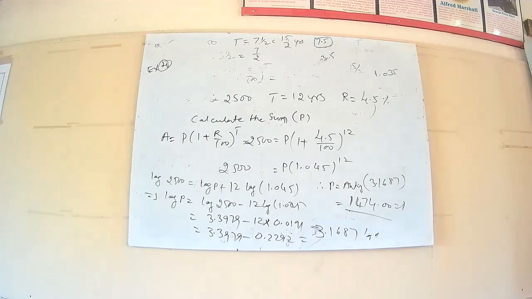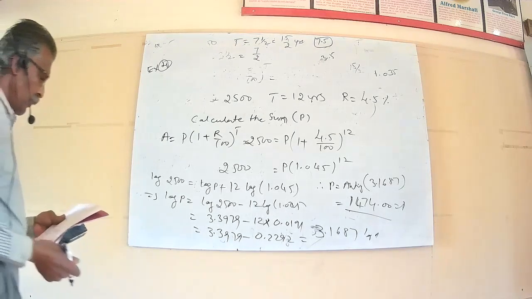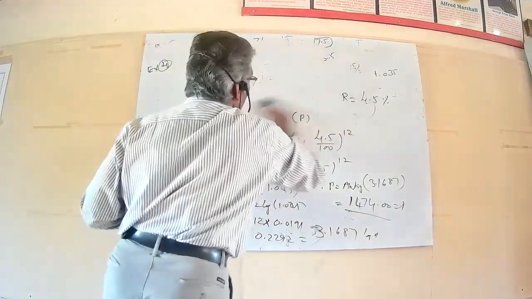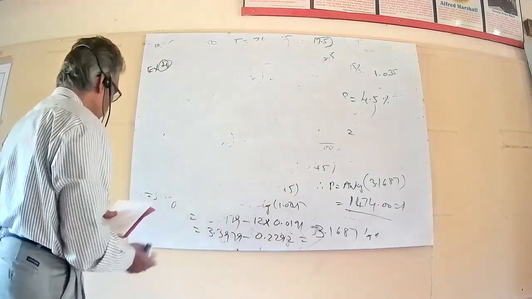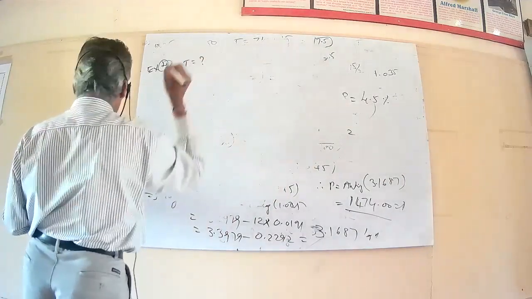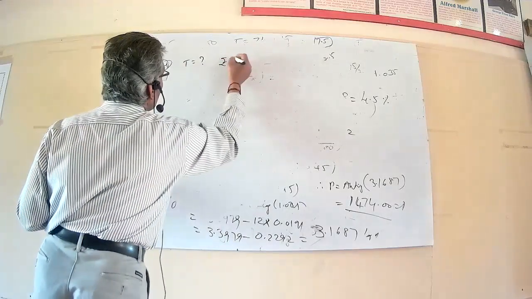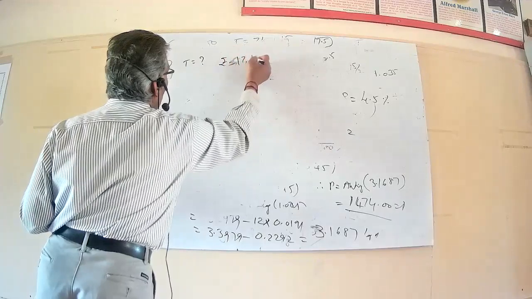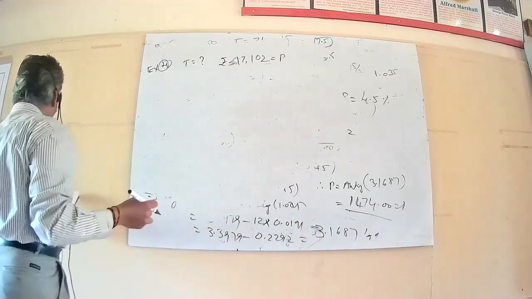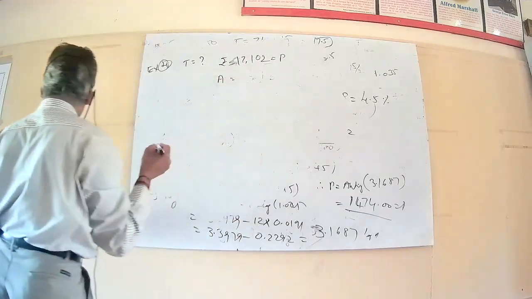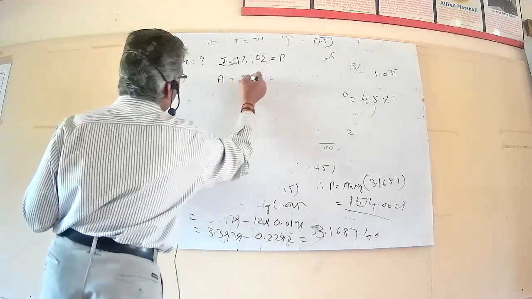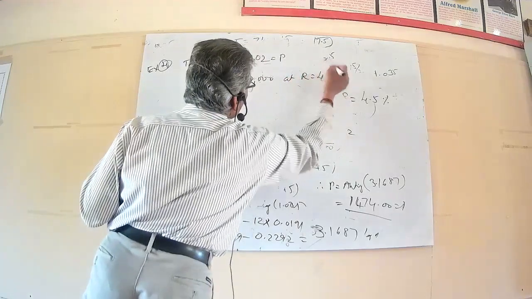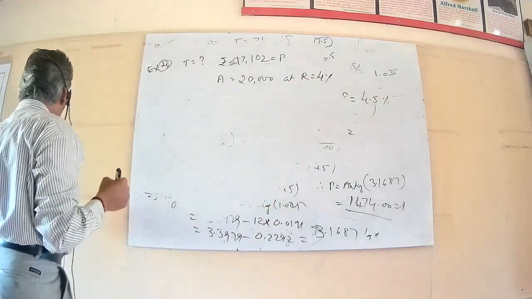Find the period T in which rupees 17,102, this is P, amounts to rupees 20,000 at 4% per annum.